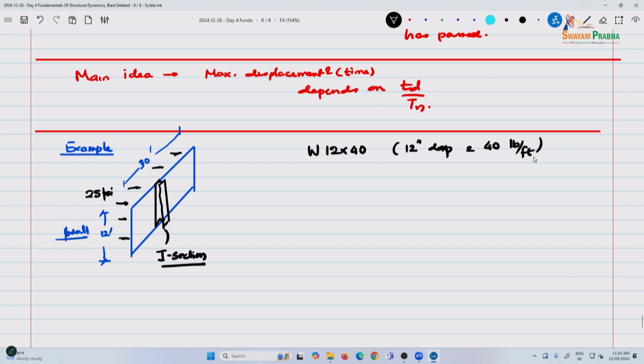The actual dimension could be plus or minus something. It's got a moment of inertia of 310 inches to the fourth about the XX axis, and the modulus of elasticity is 29,000. This is for steel.